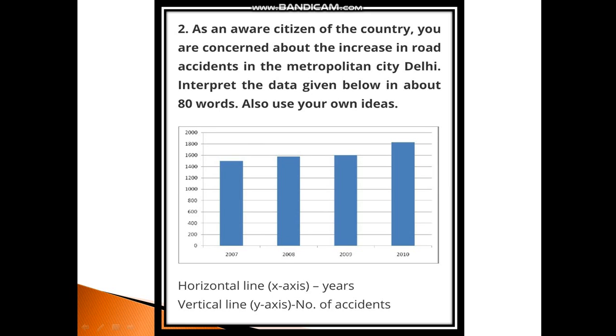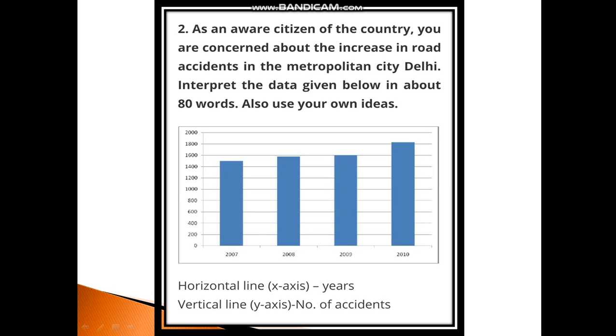So the horizontal line or the x-axis is years, and the vertical line, y-axis, is number of accidents, that you can clearly make out. So in the year 2000, the number of accidents was 1500. In 2000 it was somewhere about 1600.